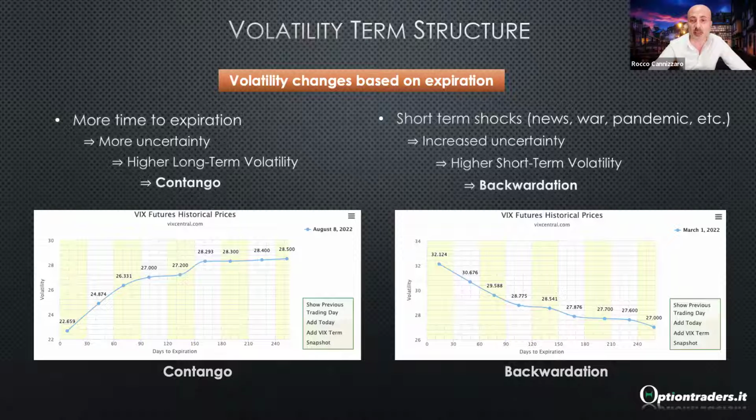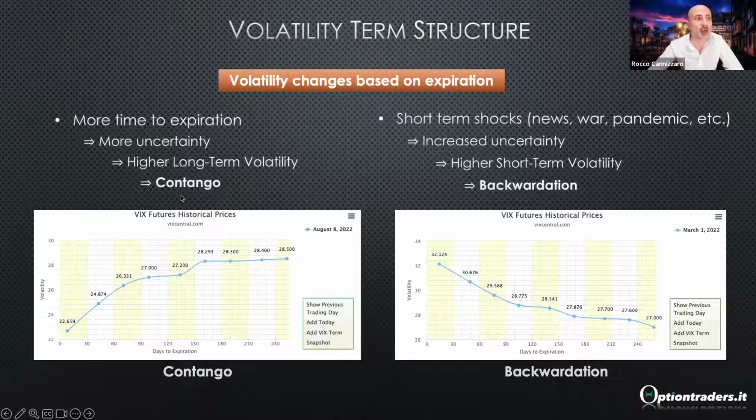So there's more uncertainty around what could happen to the underlying, which means the underlying could move much more than it would normally move if you were just buying or selling an option a week from now. So because the more time we add, the more uncertainty there is.